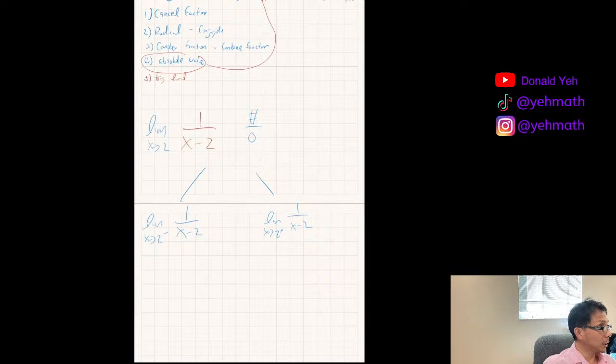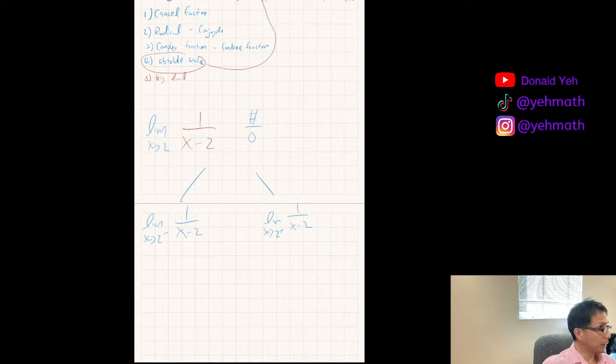What happens? You plug in 2 from the left side. What does that mean? That means a numerical approach somewhere in between. I would choose 0.1 away from 2, but less.